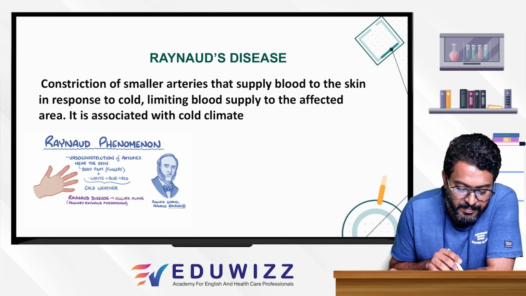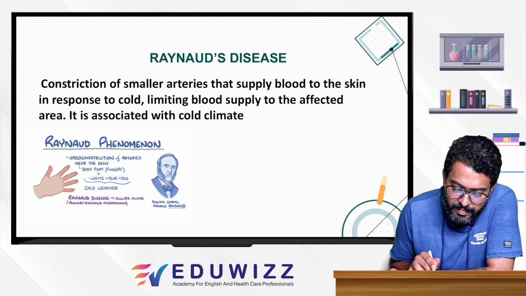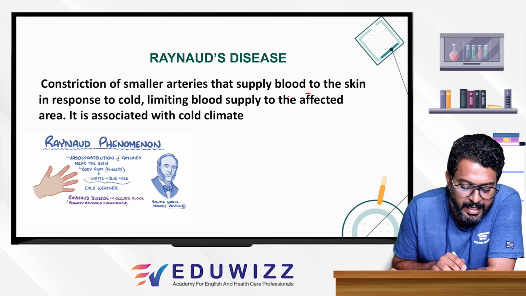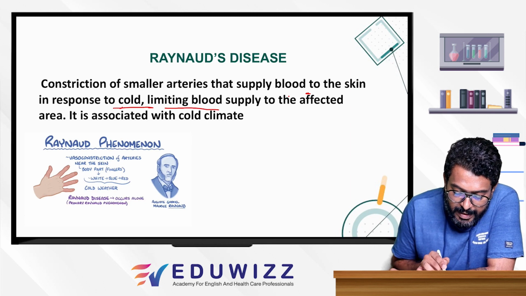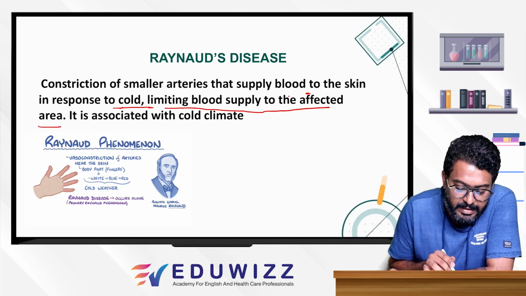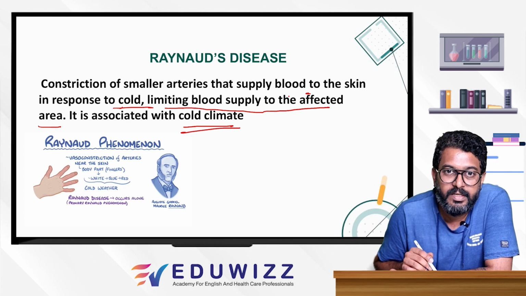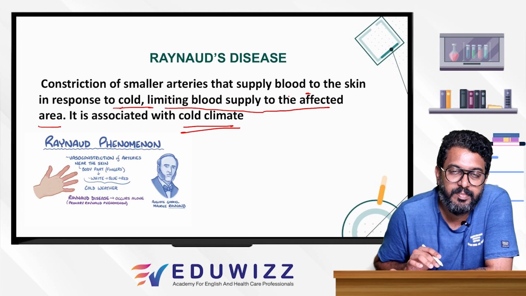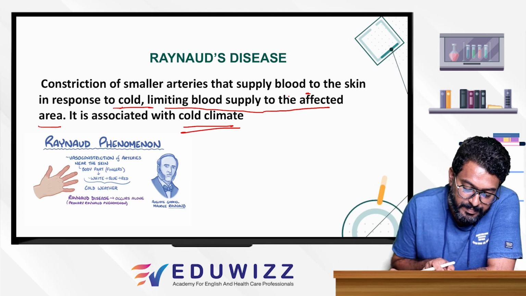Let's see the definition: constriction of small arteries that supply blood to the skin in response to the cold, limiting blood supply to the affected area. So due to cold exposure, small arteries will be constricted, resulting in decreased blood supply. This is known as Raynaud's disease.